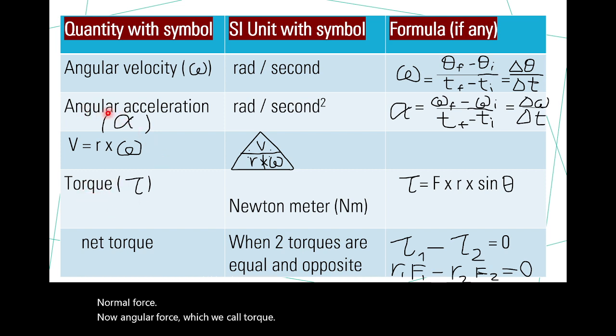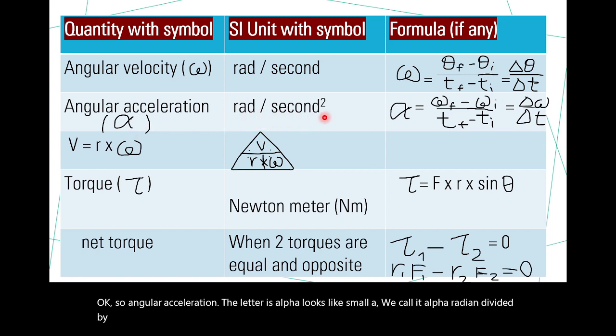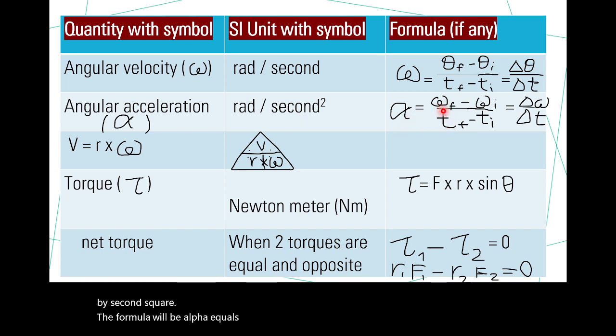So for angular acceleration, the letter is alpha, which looks like a small a. The unit is radian per second squared. The formula is alpha equals final angular velocity minus initial angular velocity divided by the time interval.